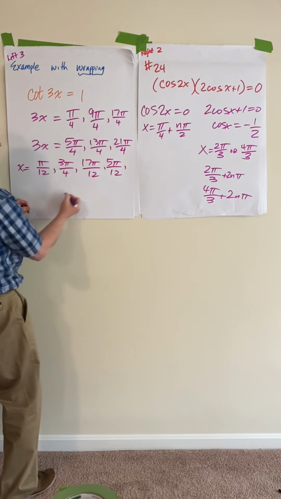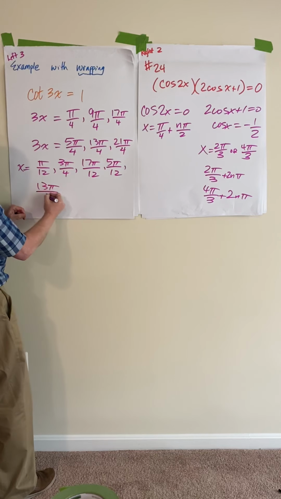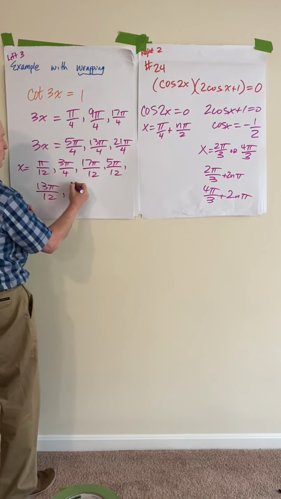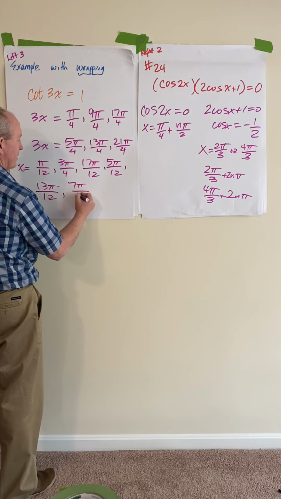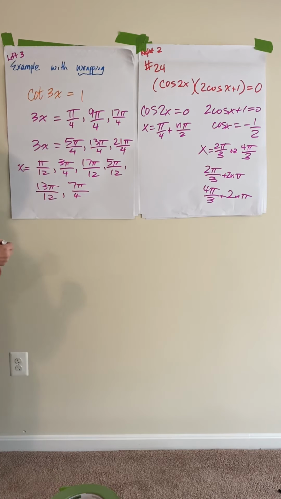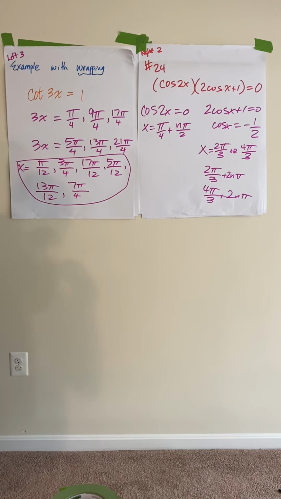Keep going here. 13 pi over 4 divided by 3 is 13 pi over 12. And then 21 pi over 4 divided by 3 is 7 pi over 4. All right, so here are the answers. Kind of crazy, kind of wacky looking answers, but those are correct.